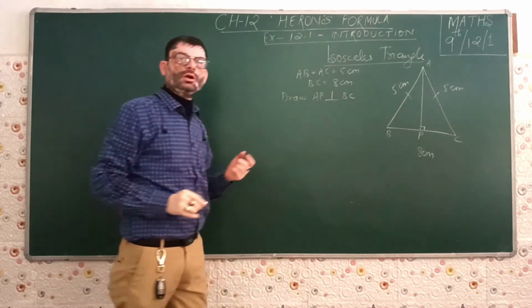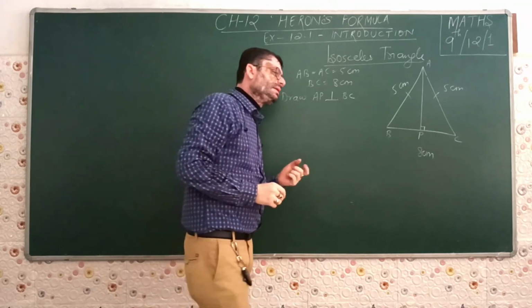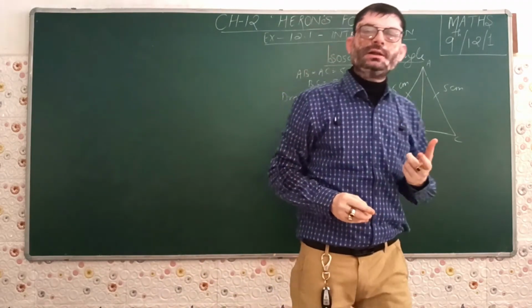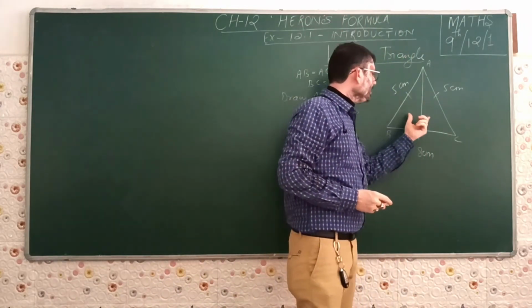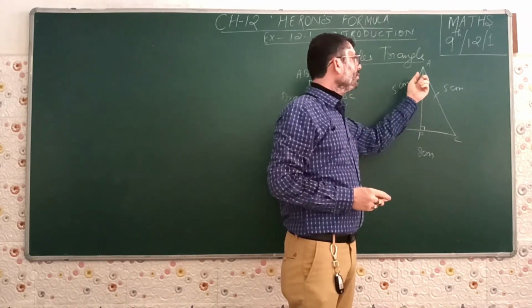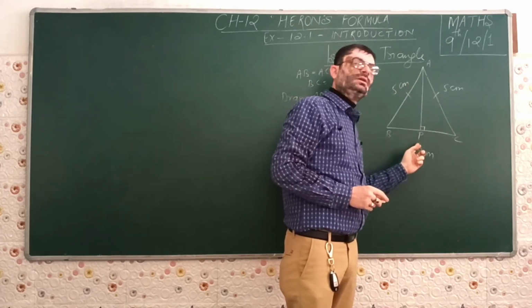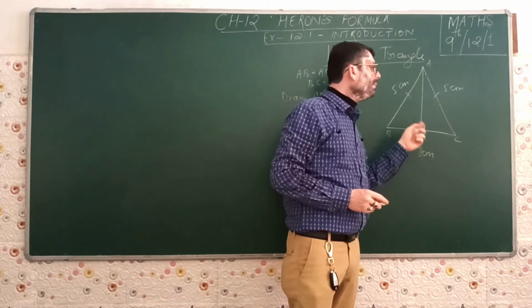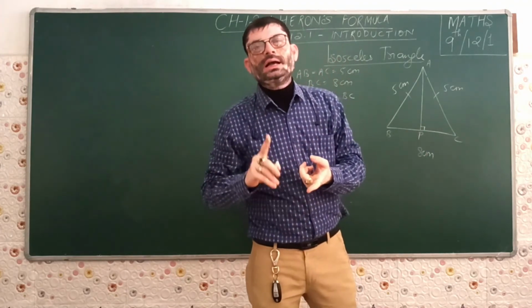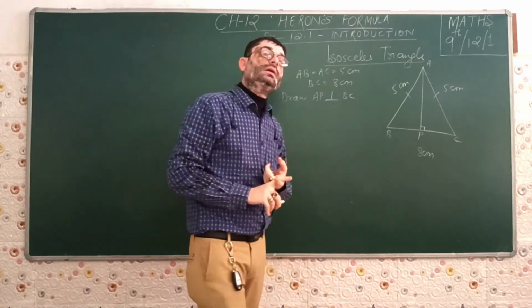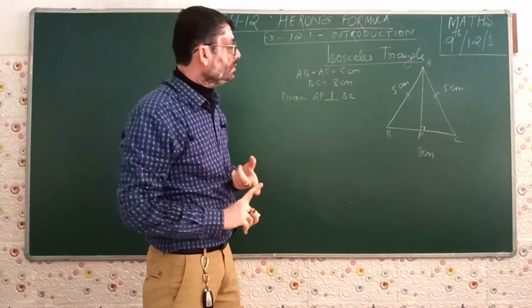We have drawn an altitude. It is the same as in an equilateral triangle: when a perpendicular is drawn from the point of intersection of two equal sides to the third side, that side AP is the median as well as the altitude, the height also.